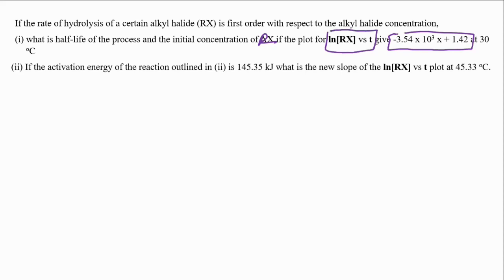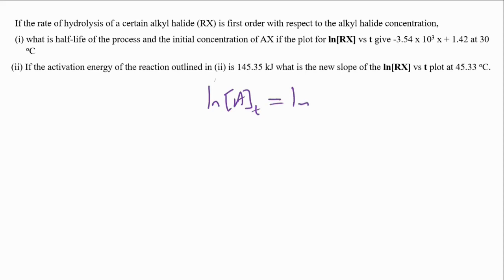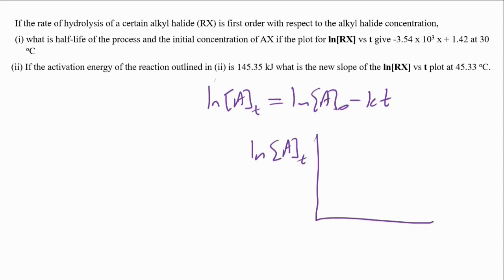Now, where did the idea of doing such a plot come from? Well, remember that the integrated rate expression for a first order reaction is ln A_t is equal to ln A_0 minus kt. If you do such a plot of ln A at different times versus T, what you will get is a line with a negative slope.